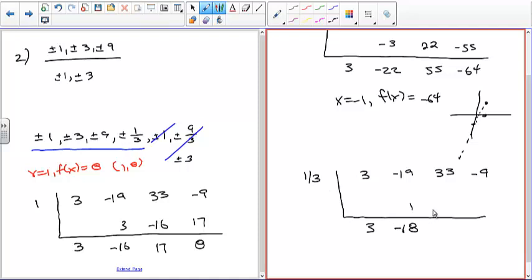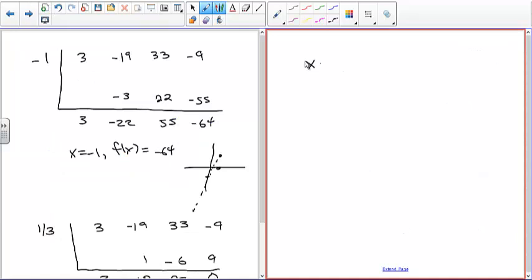One-third times negative 18 is negative 6. 33 minus 6 is 27. 1/3 of 27 is 9. 0. So that means that x equals 1/3, or that 0 factors as x minus 1/3.